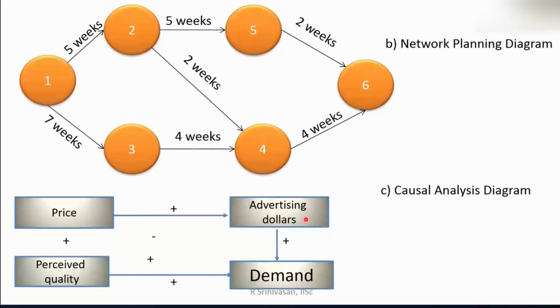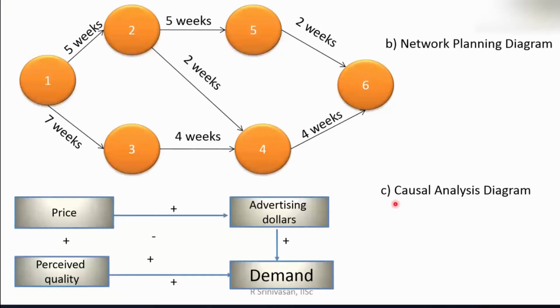When you put more and more money into advertising, it can have a positive effect on the price, which in turn can have a positive effect on the perceived quality. Then when you increase your advertising expenditure, it is likely to have a positive effect on the demand for the product. And when the perceived quality is assumed to be very high, the demand for the product is also likely to increase.